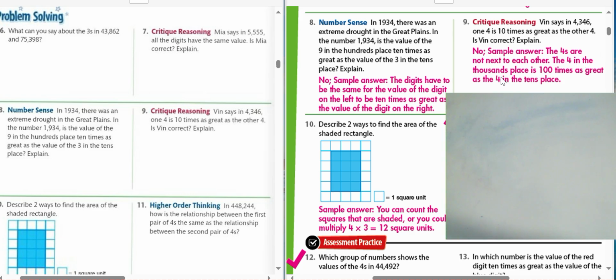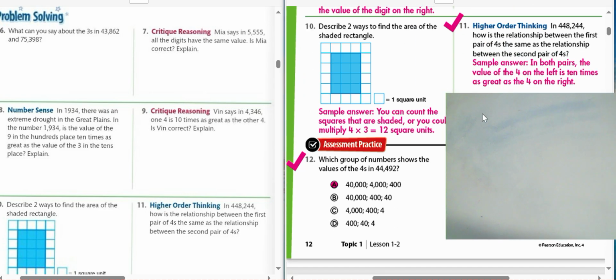And the 4 in the thousands place is 100 times as great as the 4 in the tens place. You can write no, because the 4s are not next to each other; the 4 in the thousands place is 100 times as great as the 4 in the tens place.